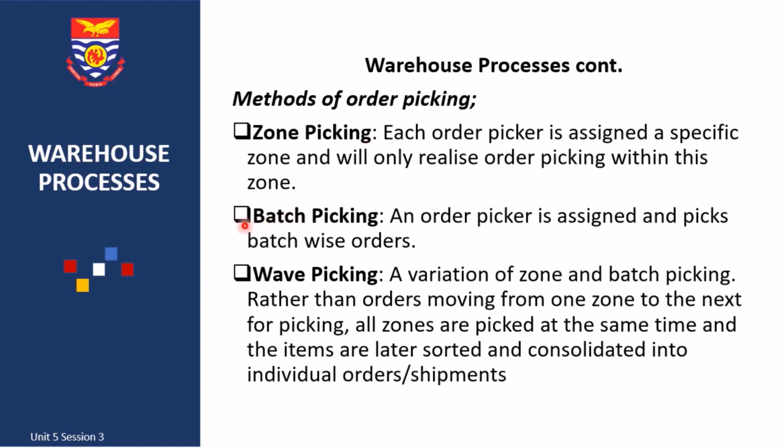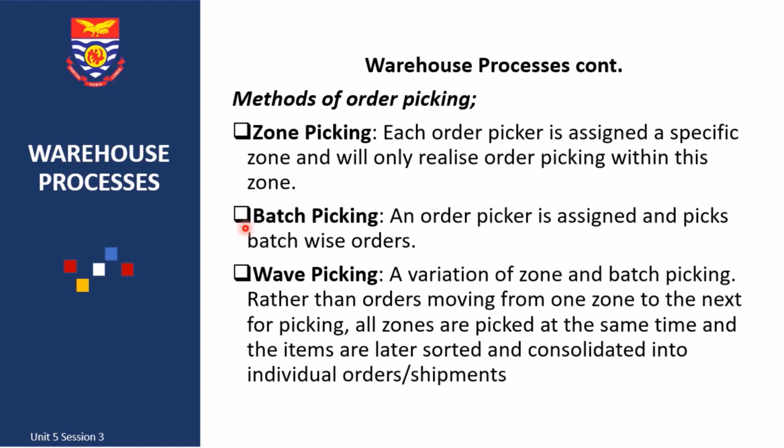And then the second one is batch picking. Batch picking is where the pickers pick items in batches. You receive customer orders comprising several line items. Batch picking is where you consolidate all customer orders.